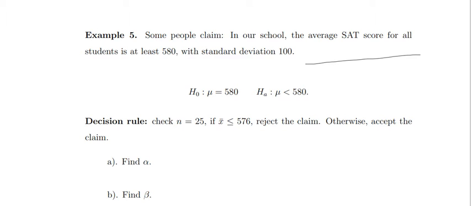Some people claim our ACT score, the average ACT score, should be at least 580, with standard deviation 100. This 100 is sigma, right? So some people say mu is at least 580.